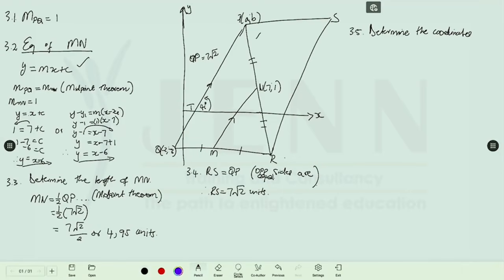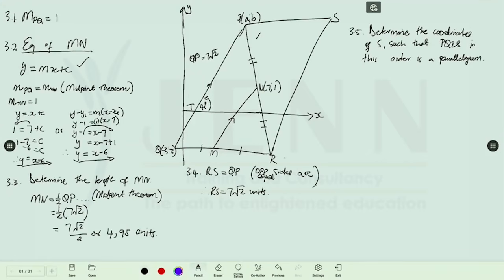The coordinates of S such that PQRS, in this order, is a parallelogram.